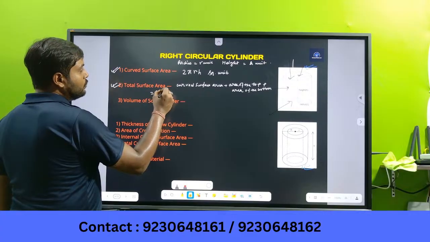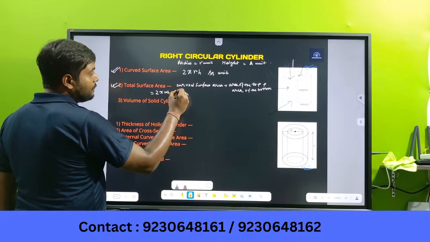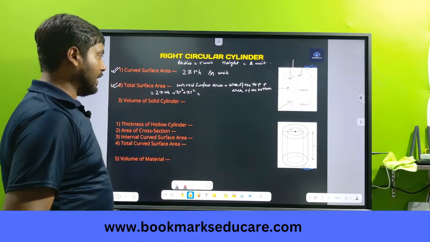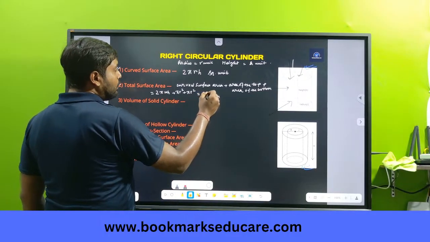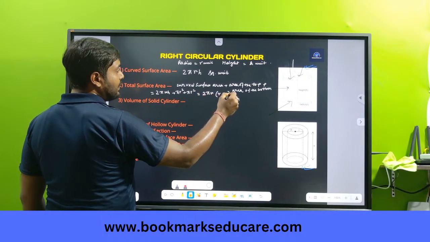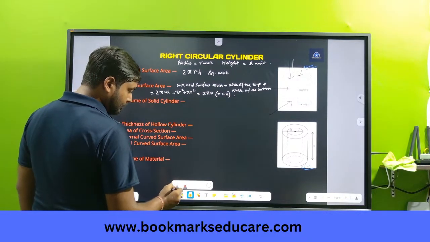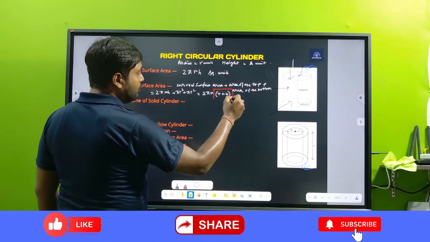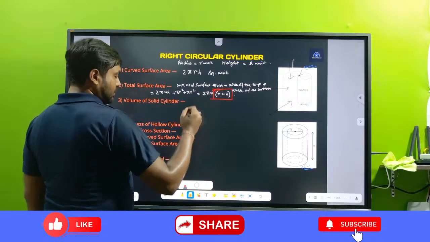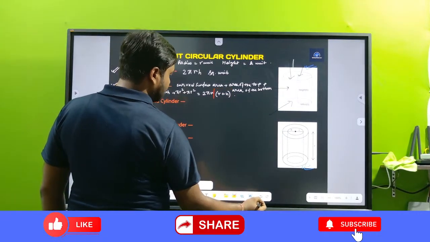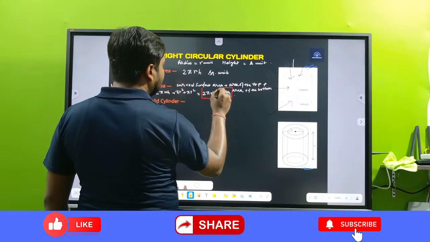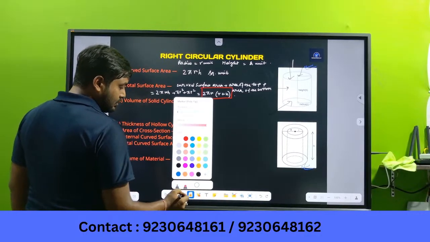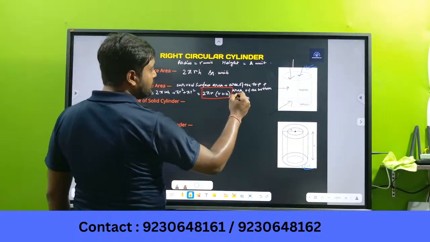So that will be 2 pi r h plus pi r square plus pi r square, and then the formula we will get is 2 pi r into r plus h. So the formula for total surface area is 2 pi r into r plus h, and the unit as usual, as it is an area, will be square unit.